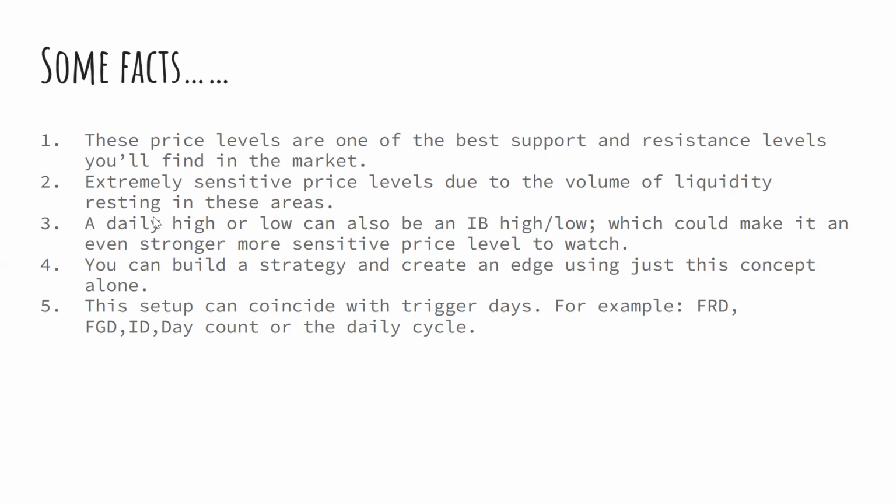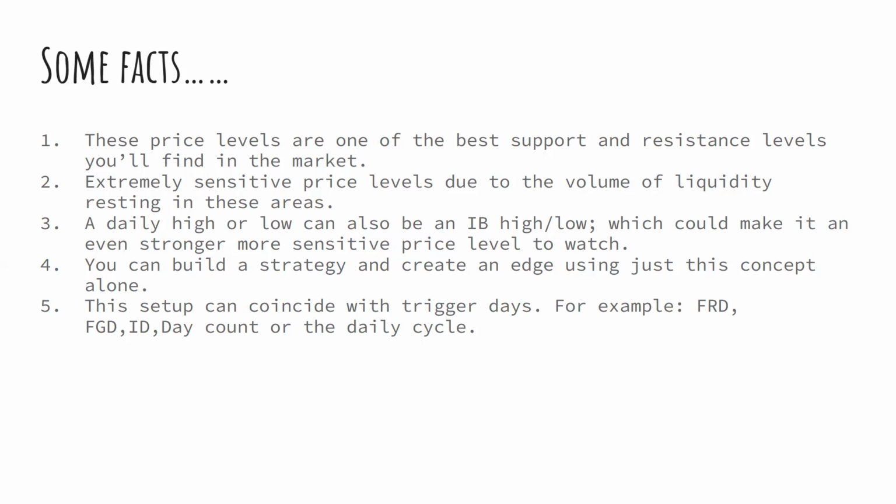The daily high and low can also be an initial balance high or low. At this level, you can also find that this same level is the initial balance high or low.